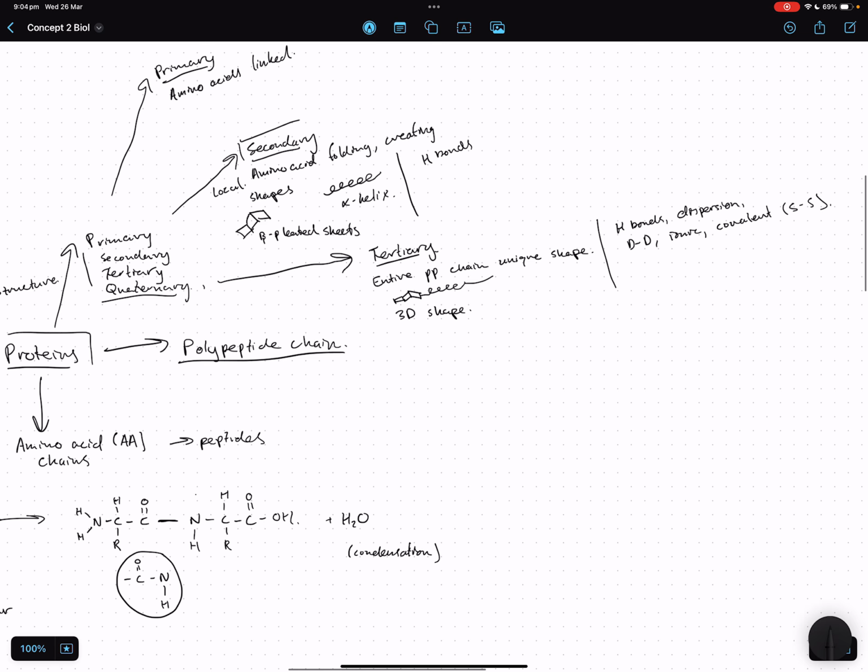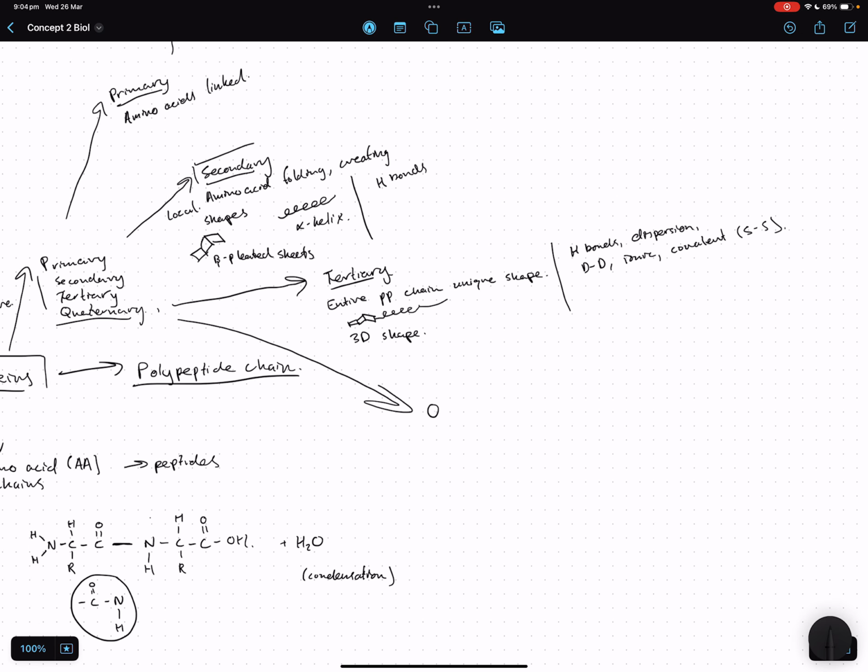Cool. And the final one is the quaternary. So this is multiple polypeptide chains and their folding.